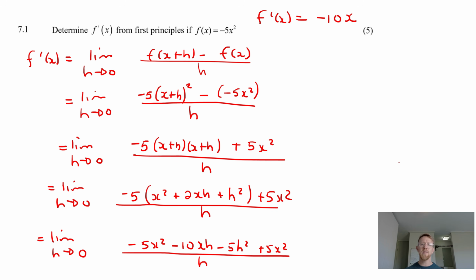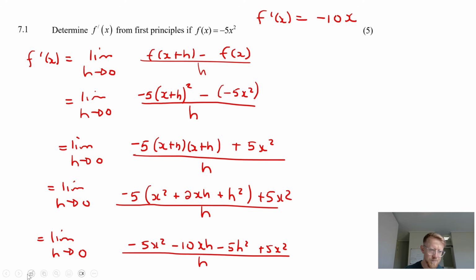Now here's the part that, if you've ever been watching my videos on first principles, you would know what I'm about to say. At this step, everything that doesn't have an h should cancel out. If that doesn't happen, something has gone wrong, and the usual area where the mistake is, is over here, by not putting a bracket, because then this becomes a minus, or you've done something weird over there.